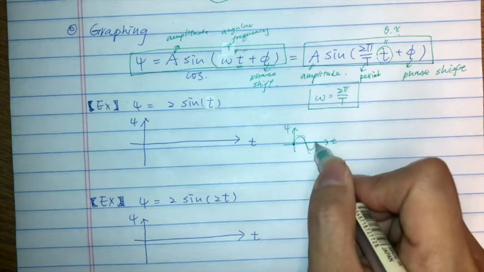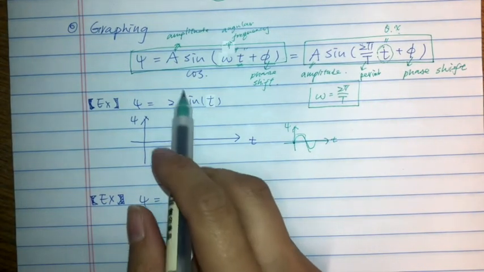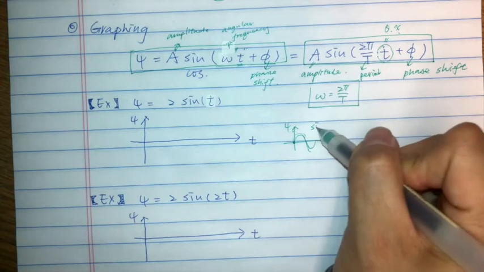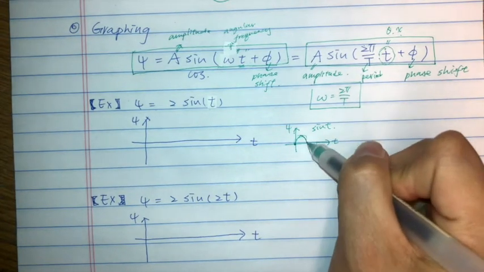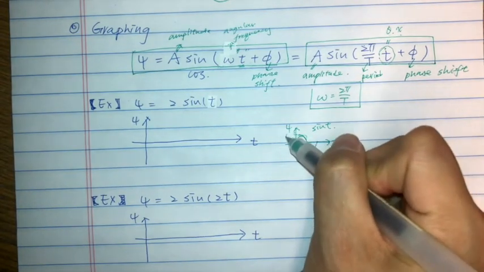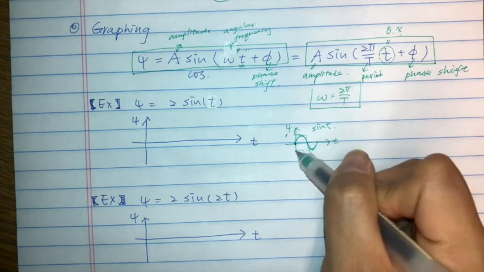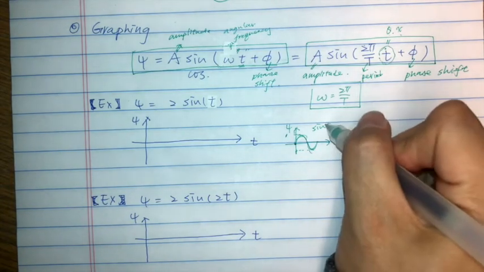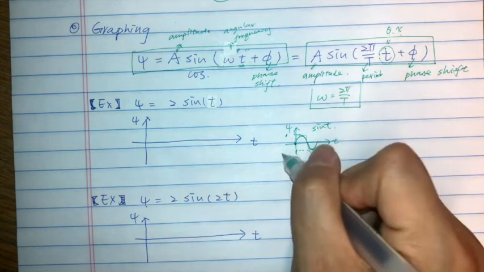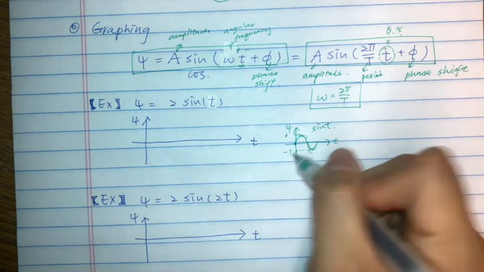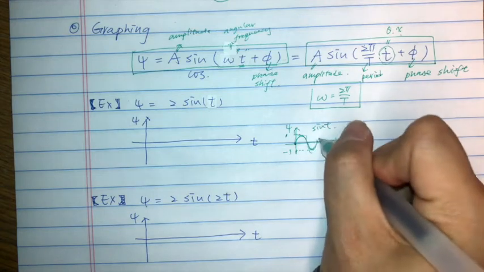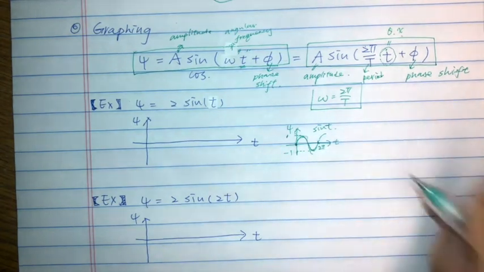It kind of looks like this form. So this sine t is a general form for sine. The maximum value will be 1, because the maximum value you can get from a trig function is 1. The minimum will be -1, and 1 cycle is 2 pi.